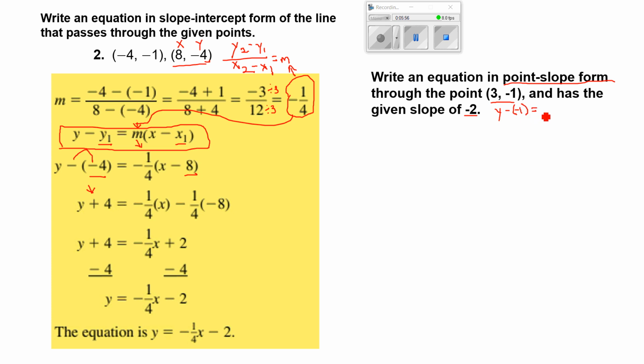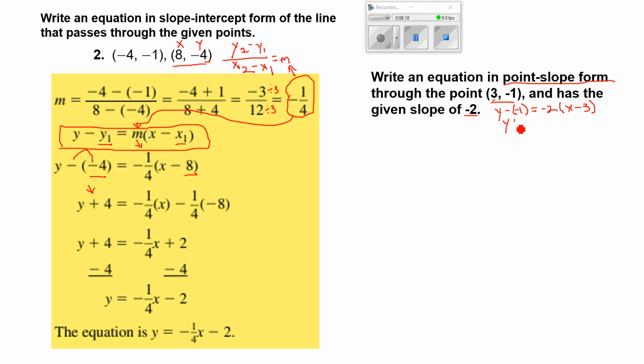and that's going to equal m, right? And m is negative 2, right? And let's choose m right here. The slope they already gave me was negative 2, and they're going to multiply this to x minus, looks like 3 over here. Okay, and a negative times a negative is a positive.